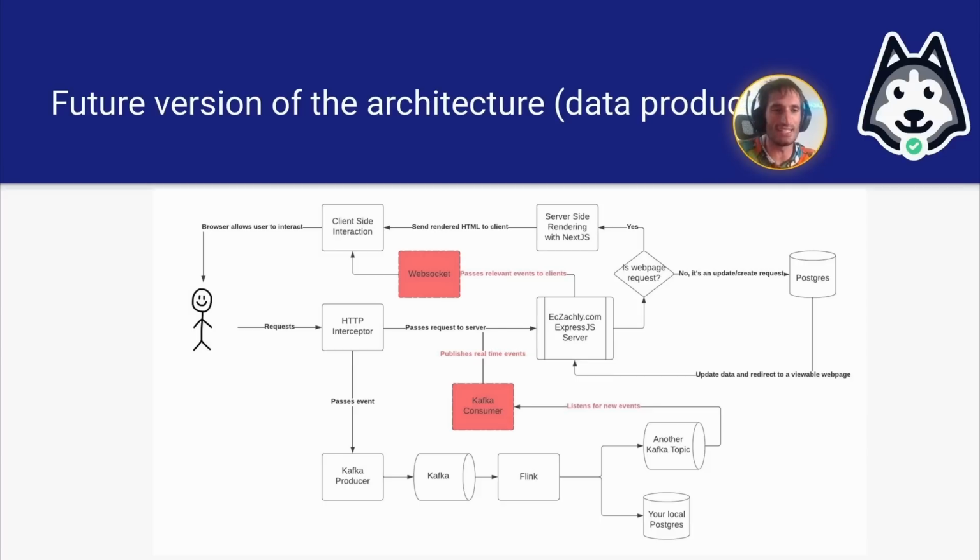That's how you would build a closed loop. You see how now there's a loop here, right? You can go around in circles as many times as you want. That whole idea of a closed loop system is very powerful. So this is the idea behind data products.